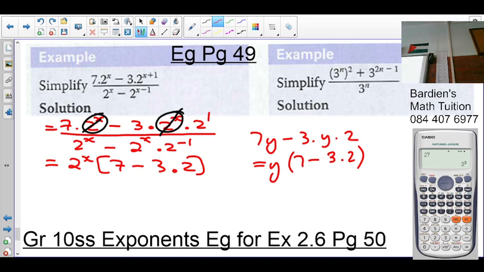Because if I replace 2 to the x with a y, can you see it? So that will be 7 times y. If I replace that with a y, it's 3 times y times 2. So if I take out y as a common factor, what are we left with? 7. Take that out, I'm left with 3 times 2.